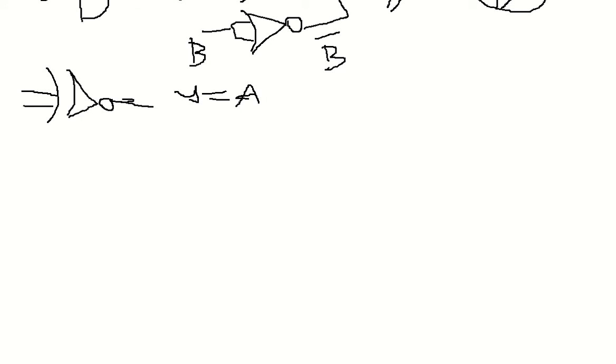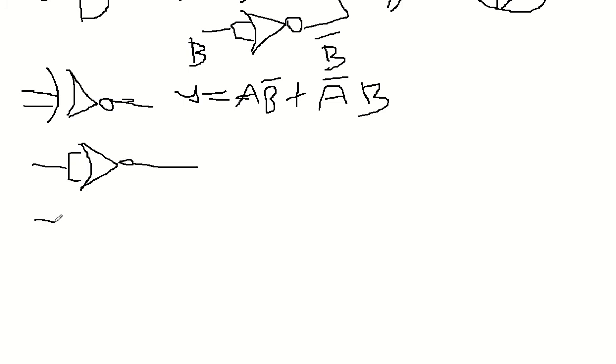So A B bar plus A bar B. How can you do this using NOR gates? You can take A inverted, then take B inverted, and this output can go through one NOR gate.